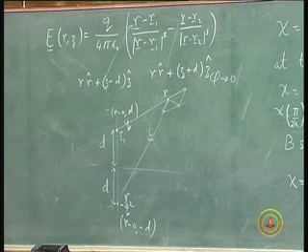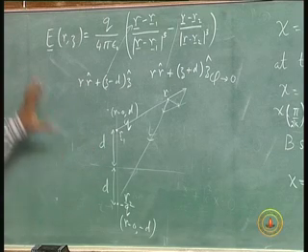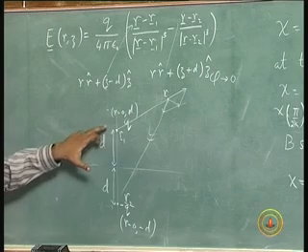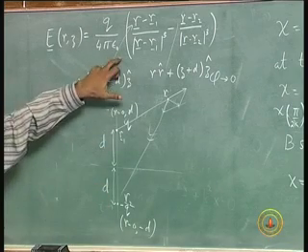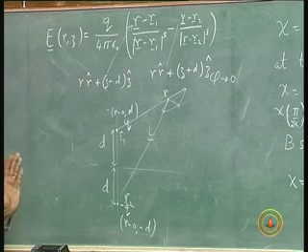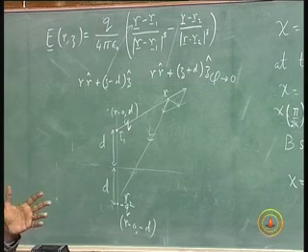Now, what is important to understand is we have taken one problem where we had a charge and a conducting plate. We have solved a different problem where we have 2 charges. Now, both of them give you solutions.